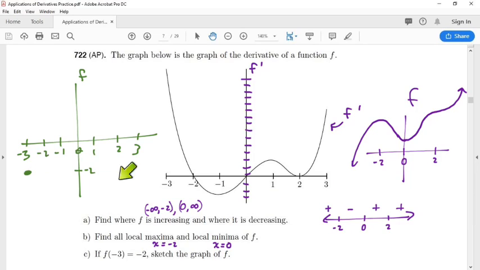So I'm starting here, and then it says sketch the graph. Now, some people have a hard time knowing how high to go before I hit -2. We know that we're increasing before we get to -2, because f prime is above the x-axis. So do you go like this, or like this, or like this?